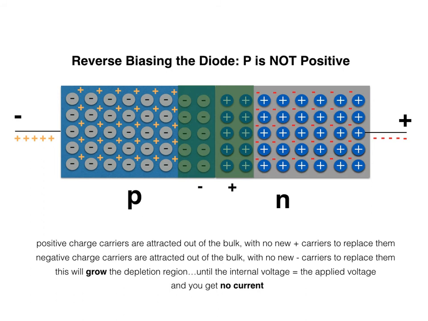So that's basically the idea: if you're applying a voltage that is opposite the charge carriers on either side of the diode, then those charge carriers want to leave, but they leave out the back and there's nothing to replace them, and that leaves a net charge inside each of the P and the N regions, and that counteracts whatever you're trying to do, and you don't get a current. Okay? So if you keep applying bigger and bigger voltages, that depletion region will grow and grow and grow.